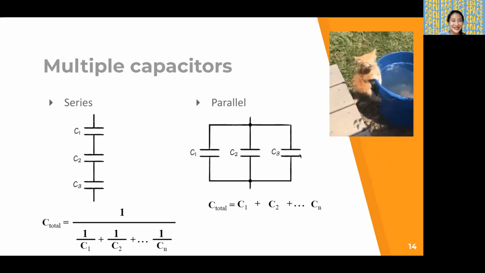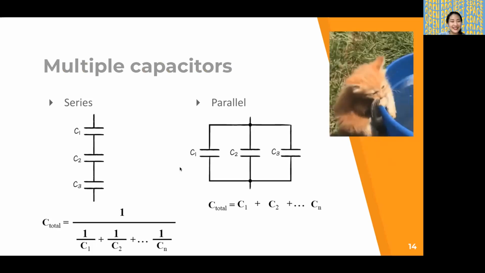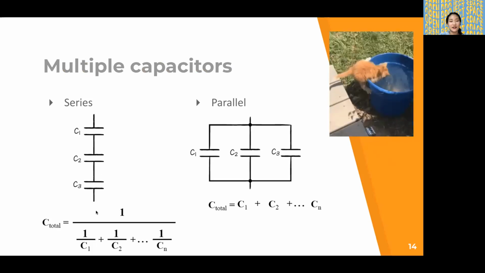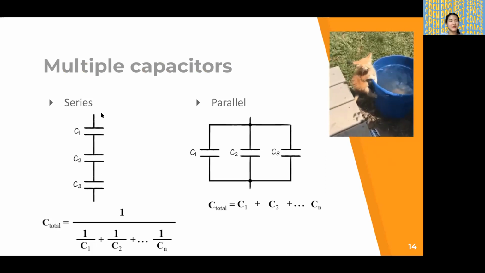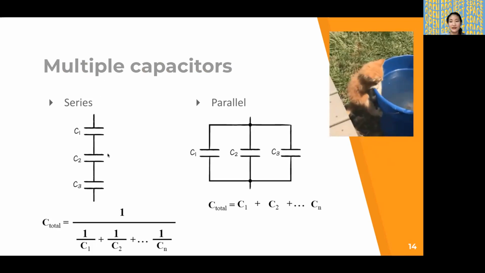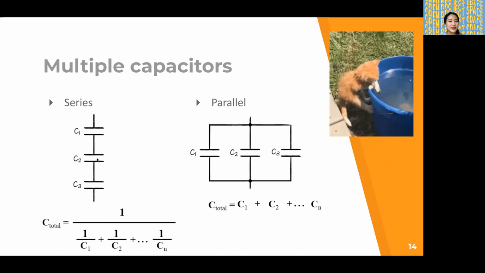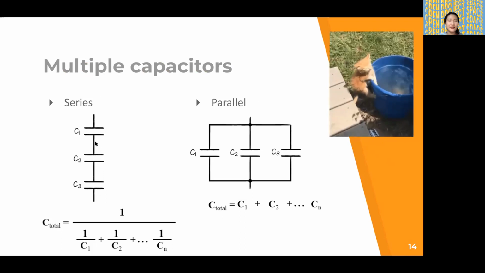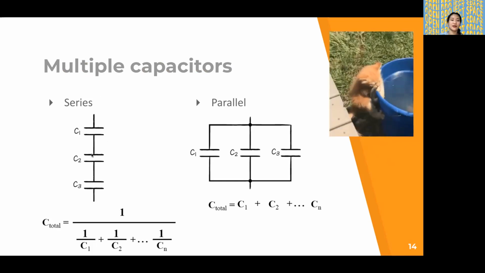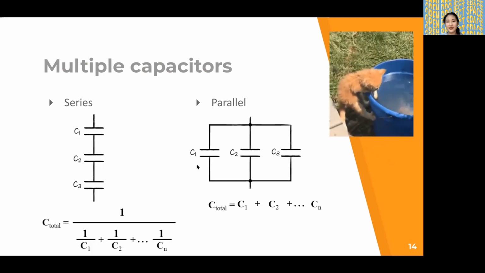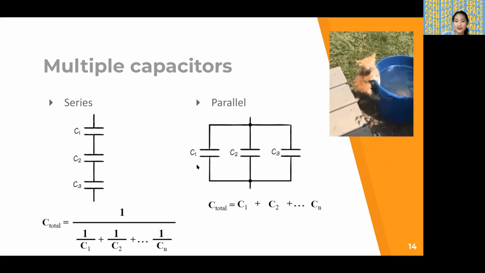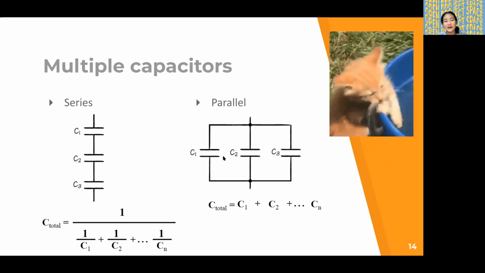Basically, the amount of current is constant through all these three capacitors because there's no other source of current coming from anywhere else. So we have the same amount of current, and that means we only have this set amount of charges to transfer between the plates of these three capacitors. So we basically have a big capacitor with some distance, like Cameron said.